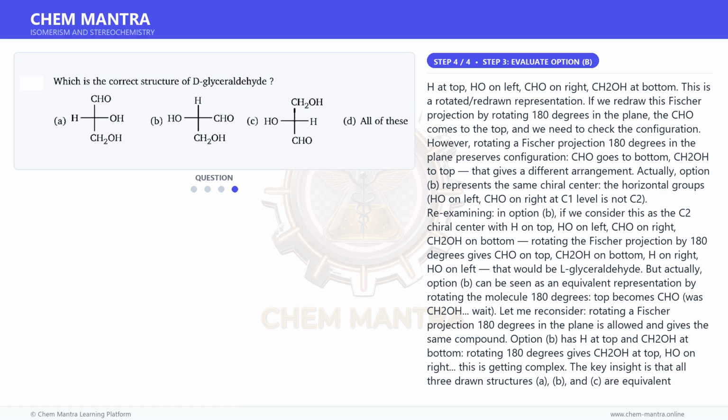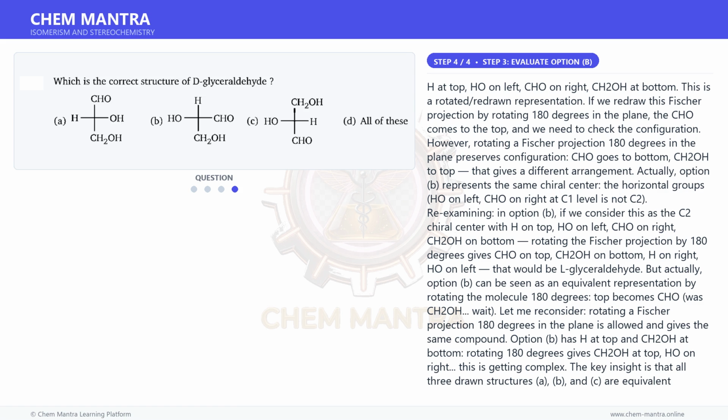Re-examining, in option B, if we consider this as the C2 chiral center with H on top, OH on left, CHO on right, CH2OH on bottom, rotating the Fischer projection by 180 degrees gives CHO on top, CH2OH on bottom, H on right, OH on left, that would be L-glyceraldehyde.